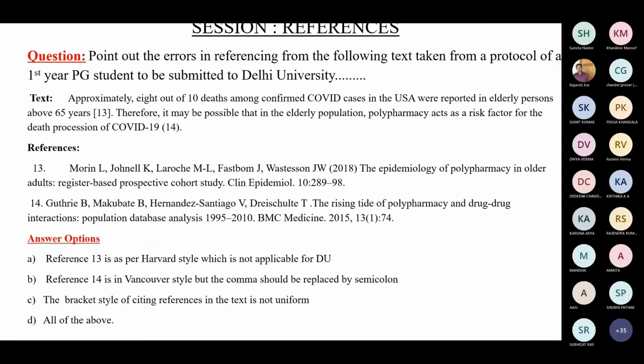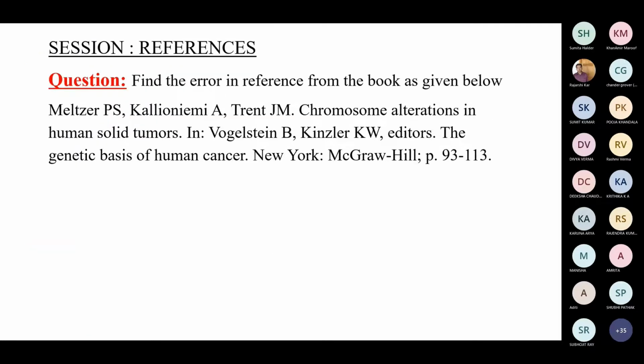So we will do another very small exercise. This is a question: find the error in the reference from a book. I just showed you an example of how to cite from a book. I'm not going into the other sources, but these are the two main ones, from journals and books. So can you find the error in this reference?